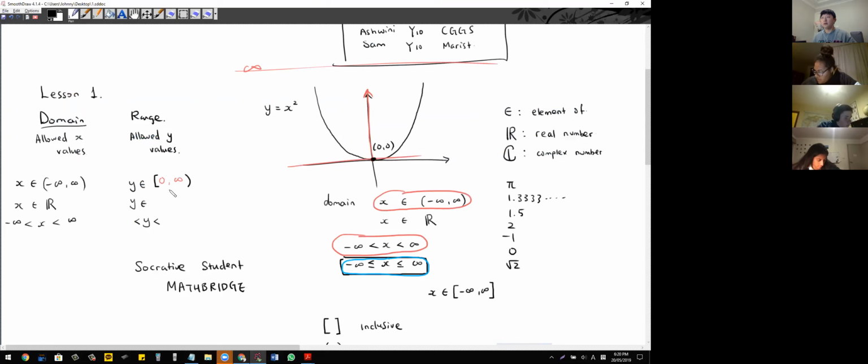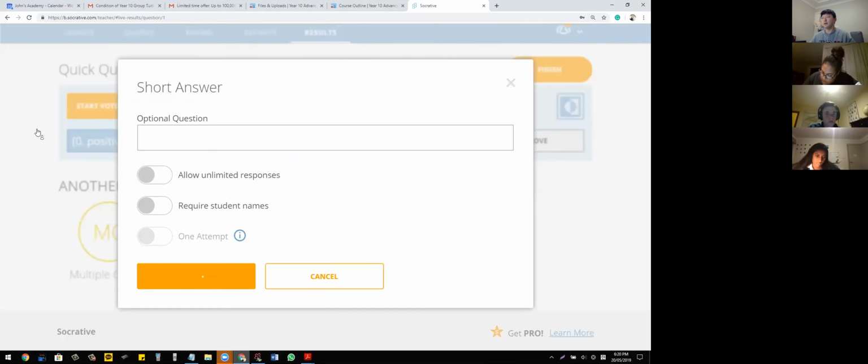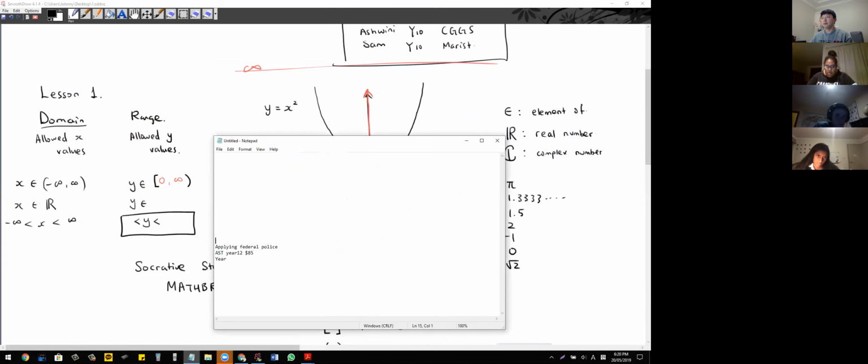Now, another way of doing this is a little bit complicated. So this is actually a lot simpler. So I want you guys to try this one on Socrative here. So I'll give you a few seconds for that. So try this bit here. So y is between. So you have to literally type something like this.